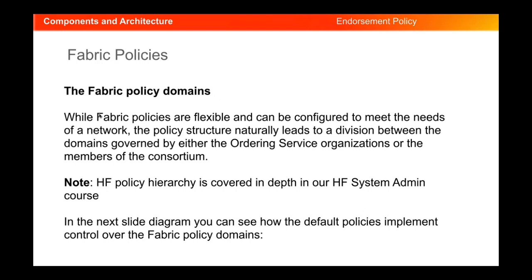The Fabric policies are flexible and can be configured to meet the needs of the network. The policy structure naturally leads to a division between the domains governed by either the ordering service organization or the members of the consortium. This shows which service is covered by which organization.